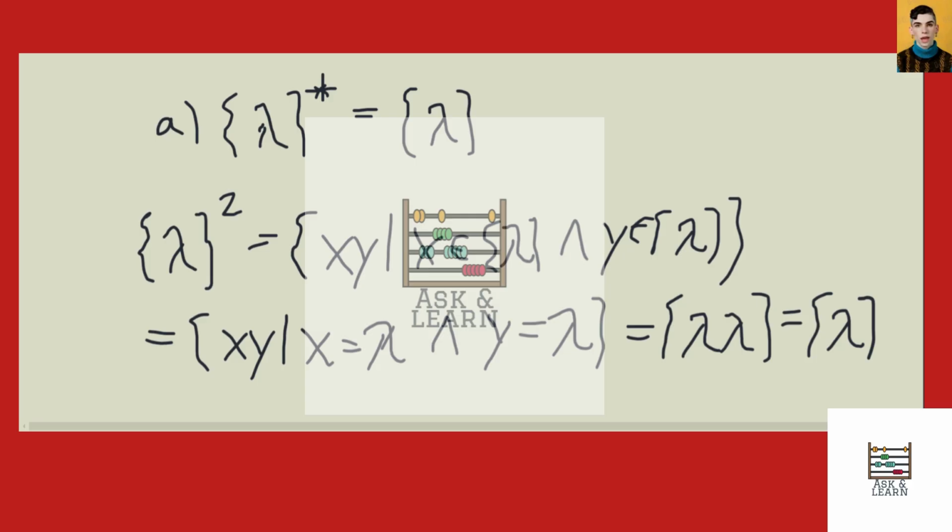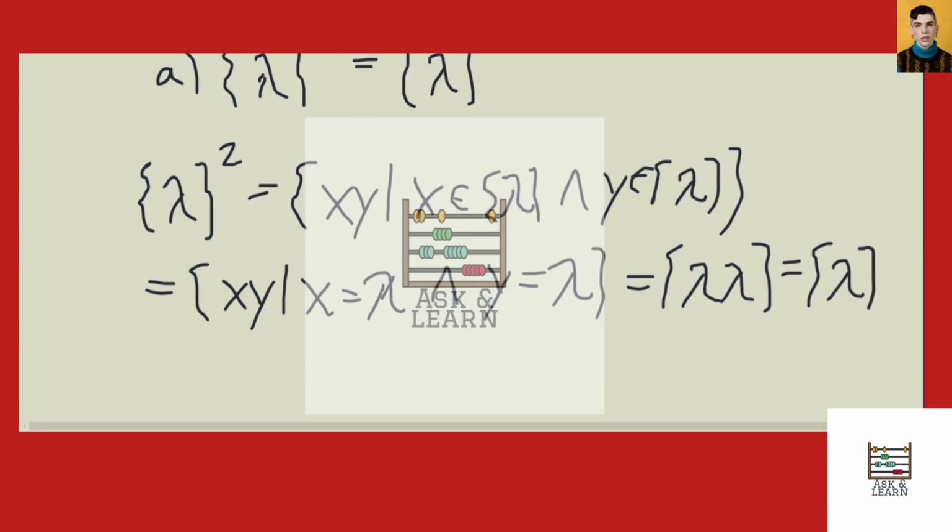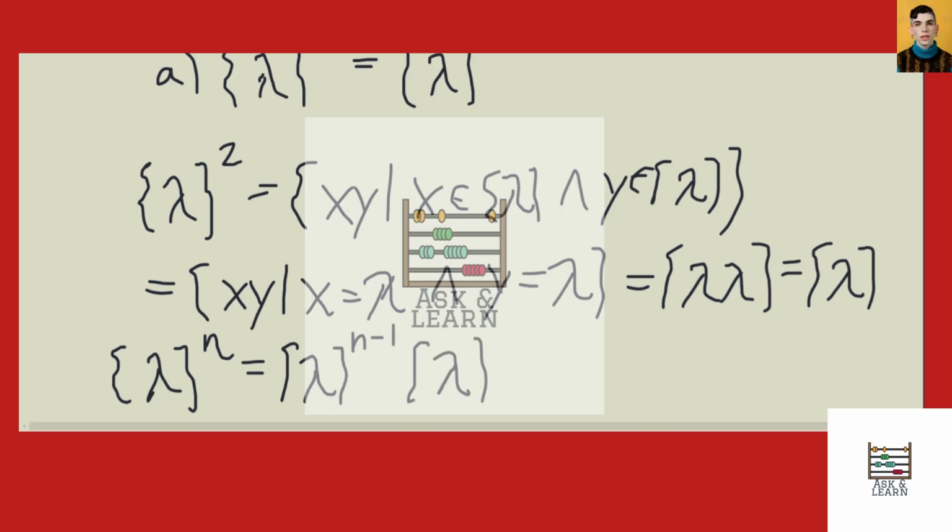And likewise, you can prove this by induction if you'd like. We see that the set containing the empty string to the nth power, well, we know that this is going to be the same as the set containing the empty string to the n minus first power concatenated with the set containing the empty string.